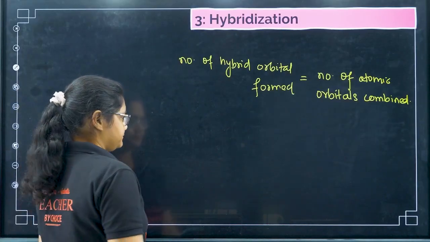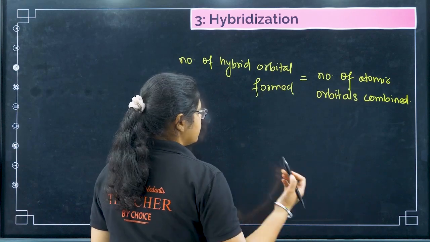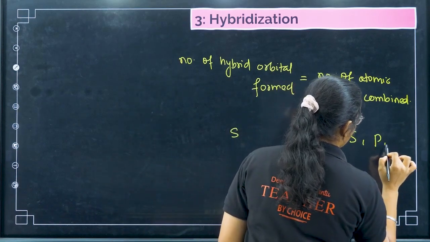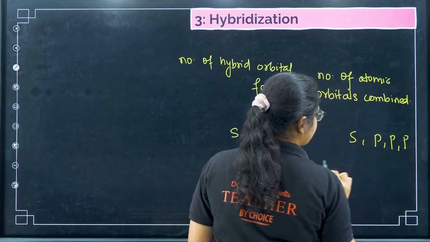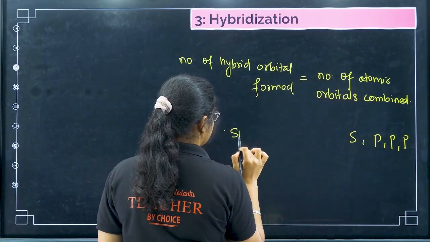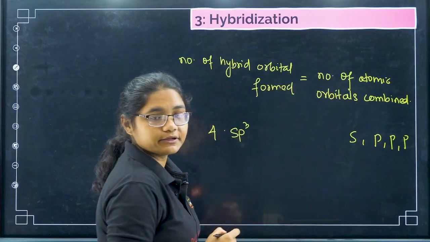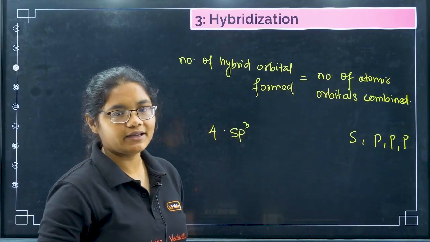For example, if one s and three p orbitals are combined, then I will get sp3. So I will get 4 sp3 hybrid orbitals.